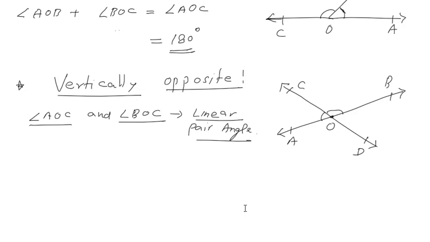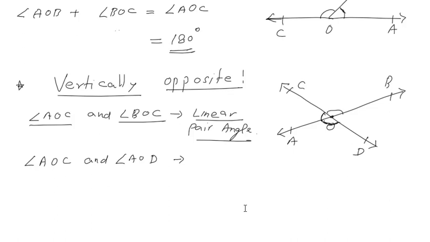In the same way, angle AOC and angle AOD. Angle AOC and this angle AOD. What do you say about these two angles? Now again you will find that for AOC and AOD, we have vertex O common, we have ray OA common, and non-common sides on opposite sides, and they are forming a straight line.